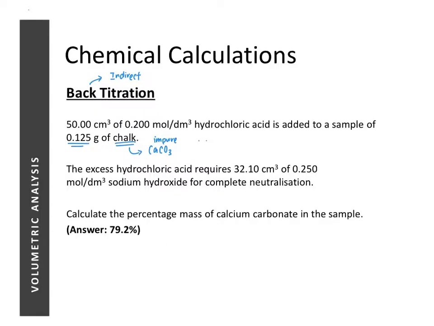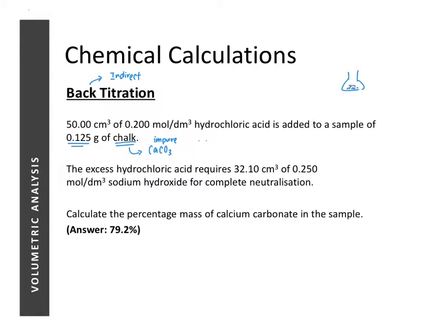Now in order to find out how much of this chalk is actually calcium carbonate, we need to react the calcium carbonate with something. However, calcium carbonate is a solid that doesn't dissolve in water, so there's no way for us to perform a titration on calcium carbonate. So what we need to do is this. We put the calcium carbonate in a conical flask.